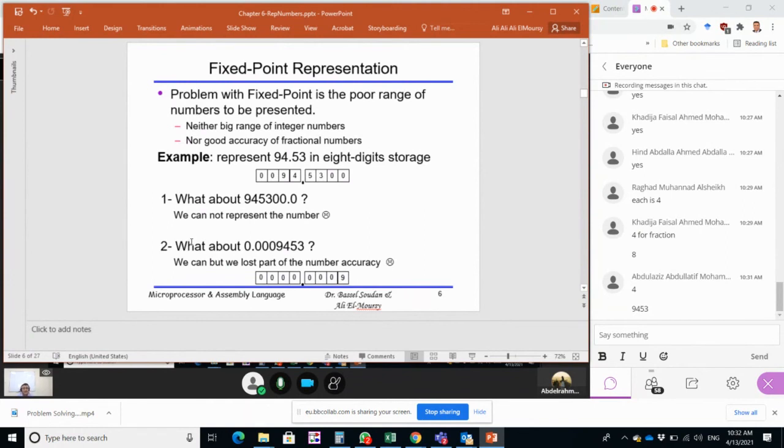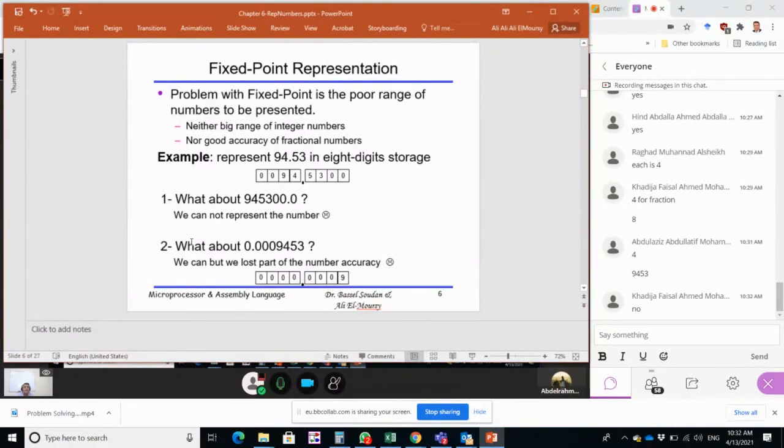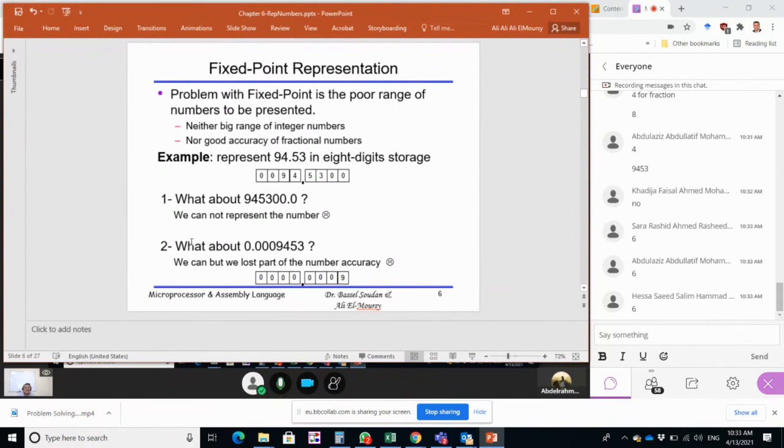Can I represent this number in my fixed point representation that I have here in these 8 slots? The answer is no. I cannot, because to store this number, I need the integer part to have at least how many slots? How many slots do I need for the integer part to store this number? I need 6. This number cannot be represented here.